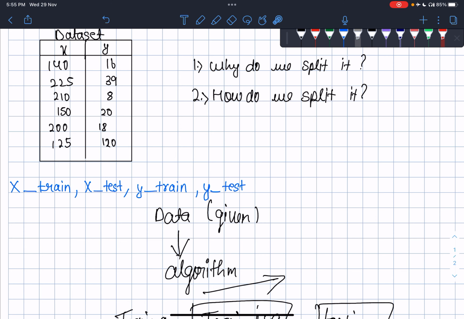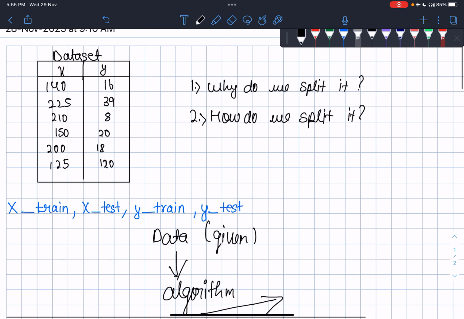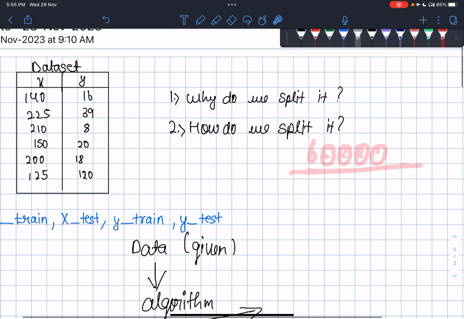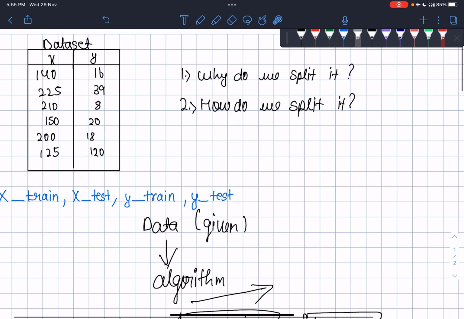Now, let's suppose we have a data set of 60,000. What can we do with the 60,000 data set? We will split it.